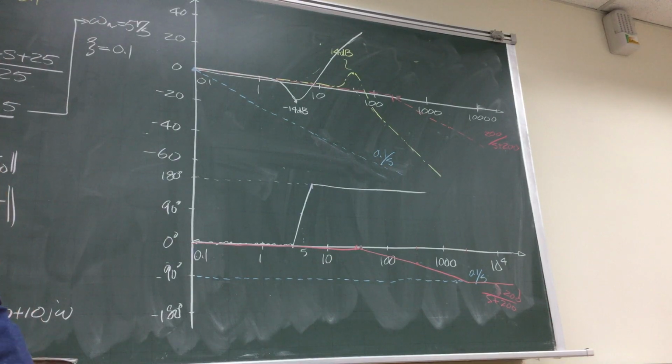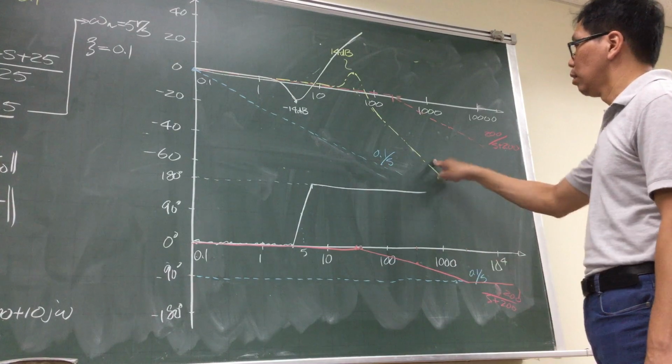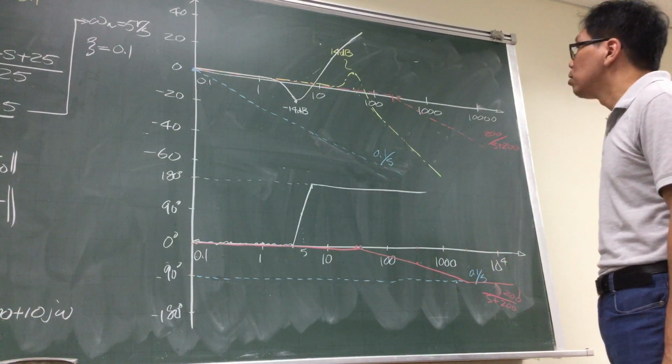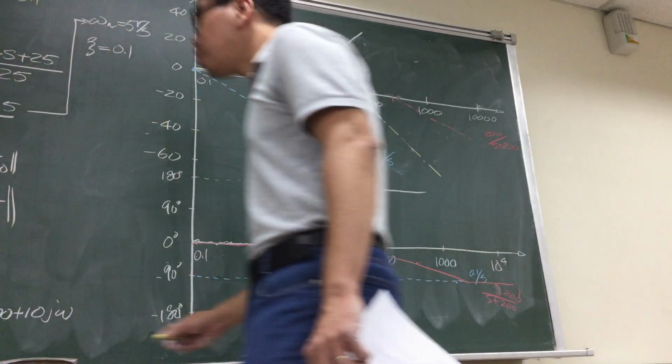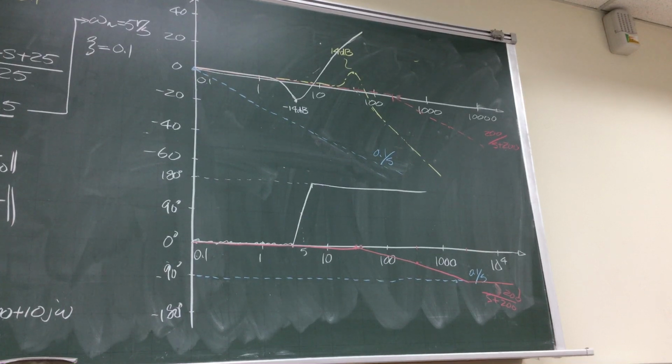Okay, I still miss one. Which one? The second order pole. Again, I'm using the formula.